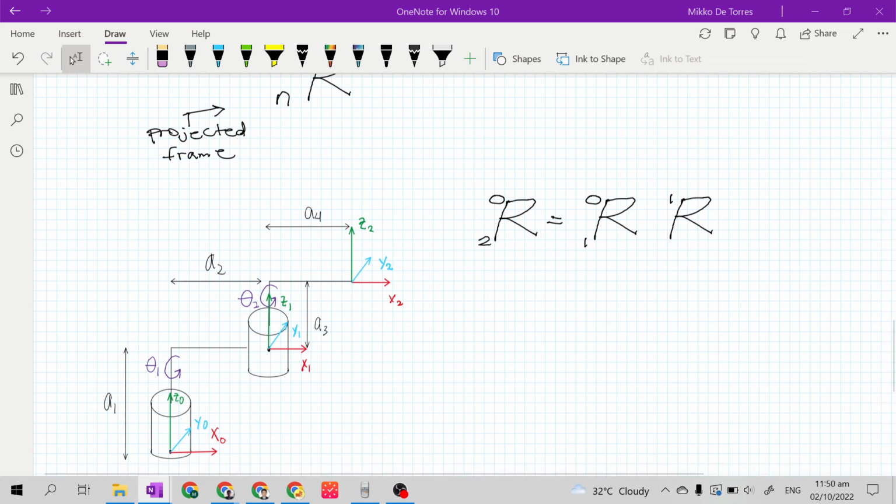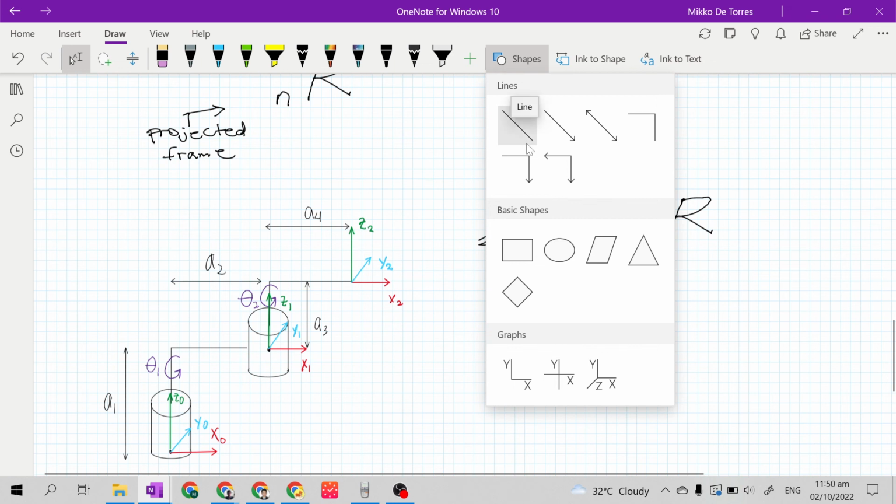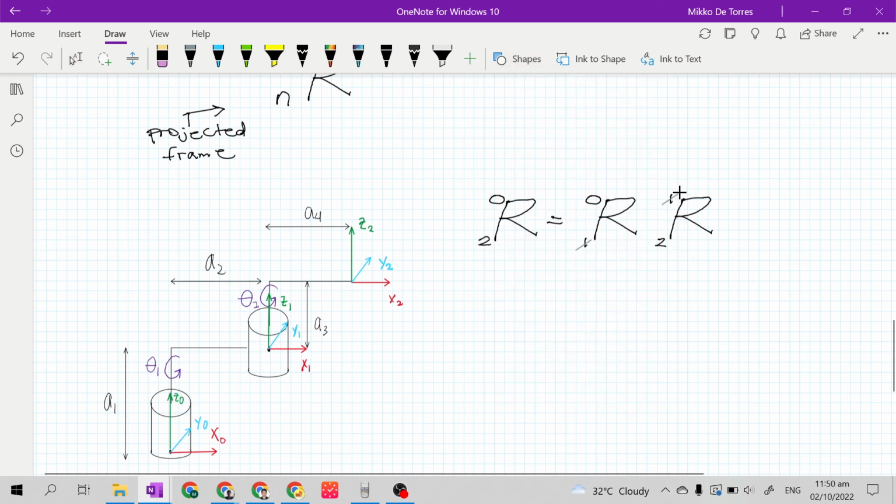As you can see, this is a multiplication of 3 by 3 matrices. If we multiply these two with each other, we will have an R02 matrix. It is obvious because if you multiply R01 to R12, the subscript 1 at R01 will be cancelled with the superscript at R12. So we will have R02.